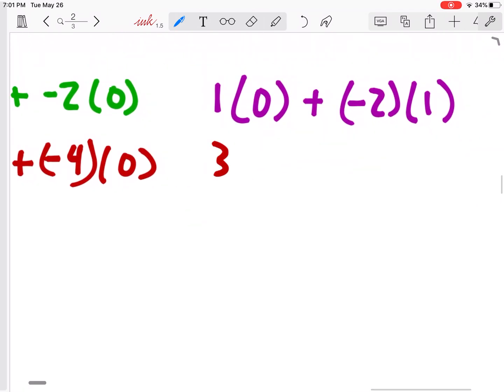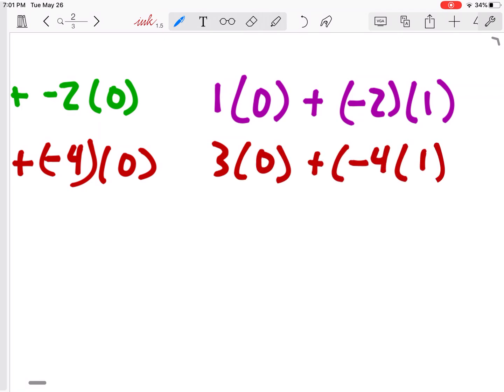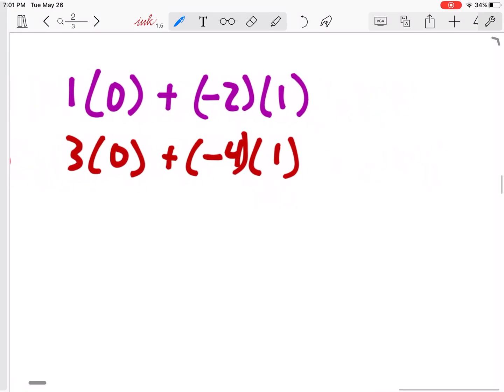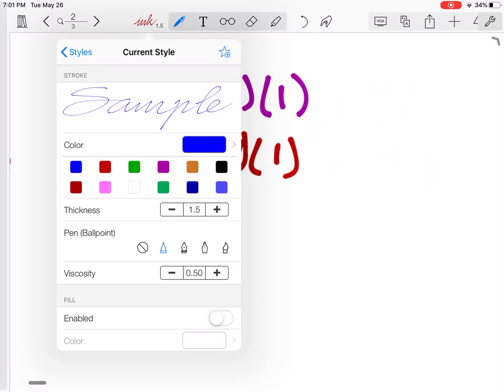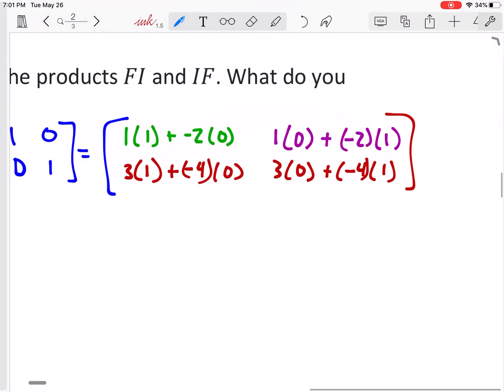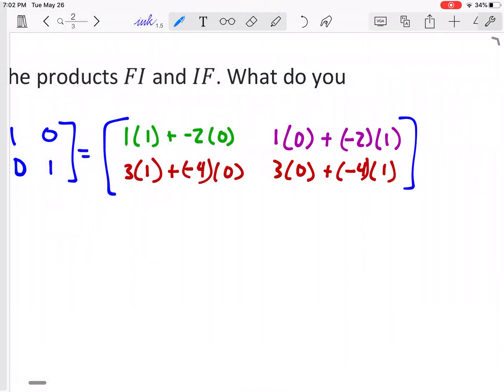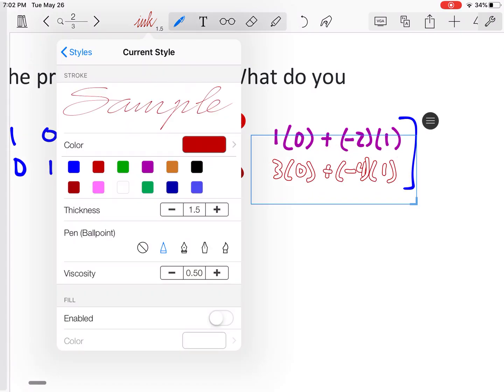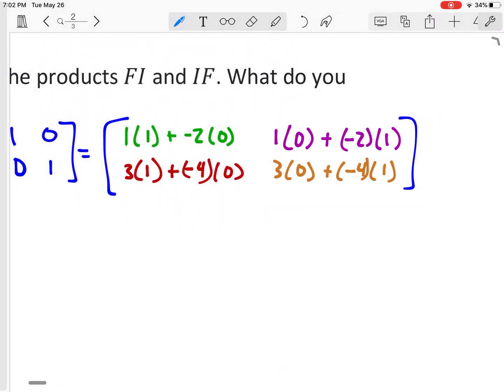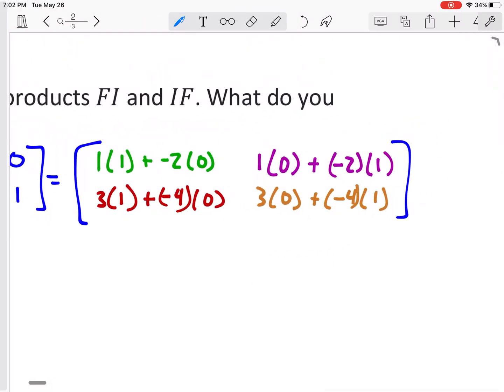And then we'll go 3 times 0 plus negative 4 times 1. Alright, and now we can just add things up.